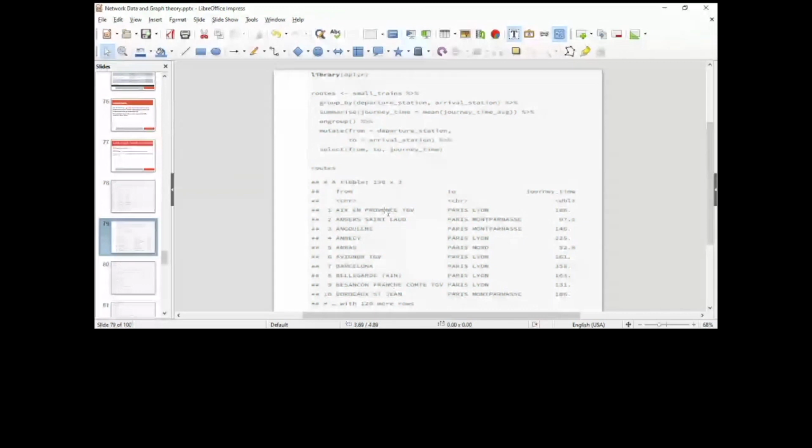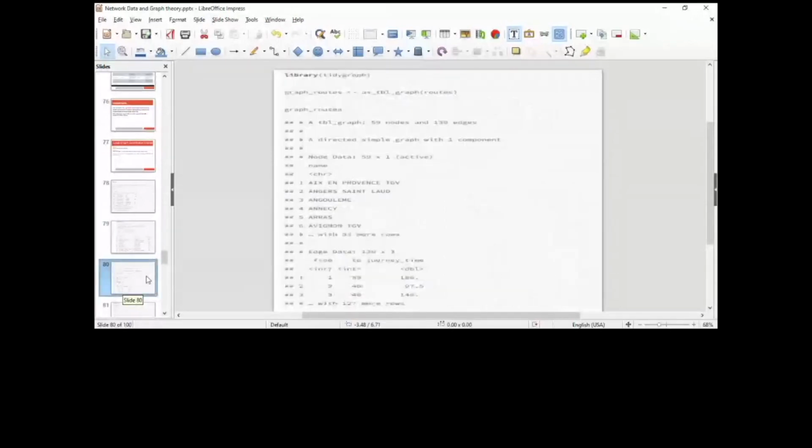So it should have the relationship between this station and this station. Let's look at it now. So this is a directed graph, from one station to all these. Okay, there is more data to that.